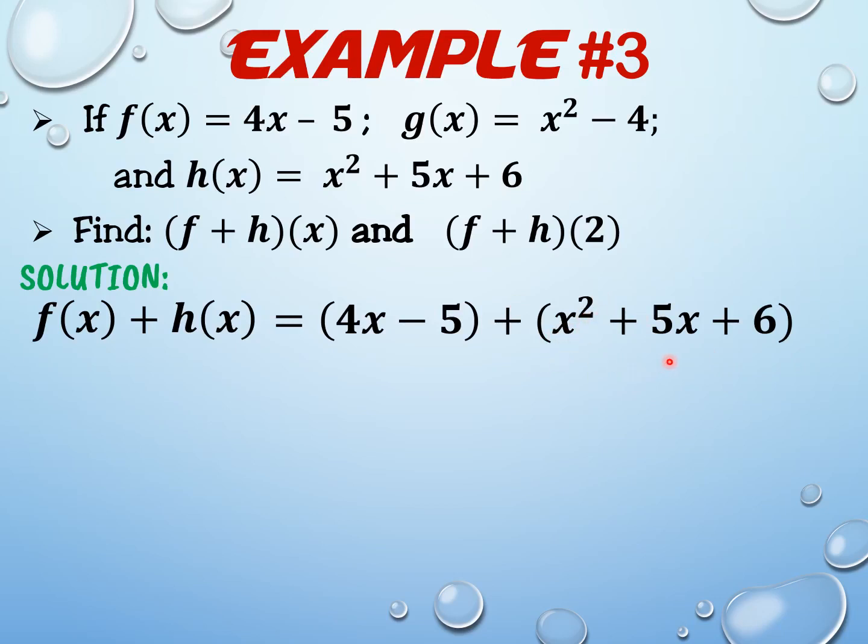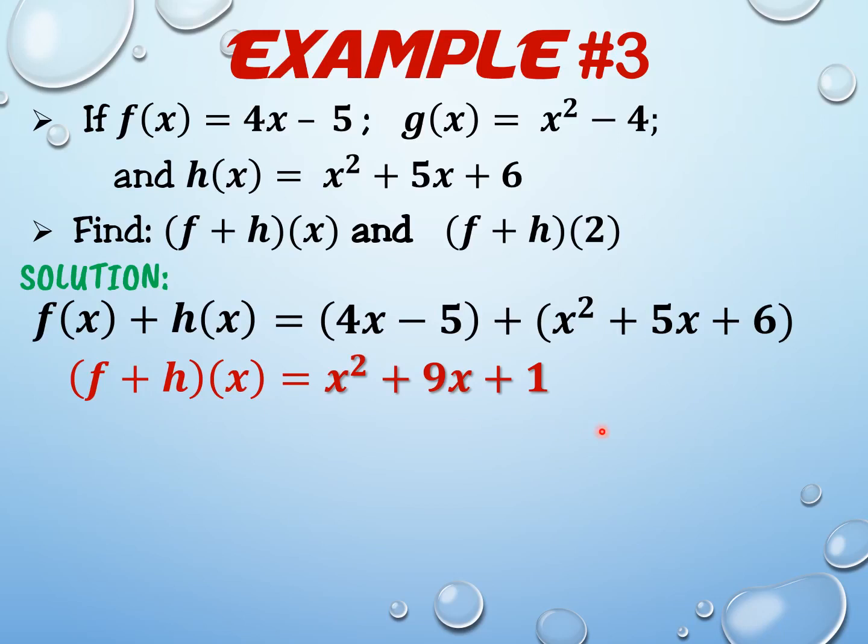And then for 5x, positive 5x plus 4x, what will be the answer? Okay, that is correct, 9x. And then for the constant, we have negative 5 and positive 6. That will give us a sum of what? Okay, that is correct, 1. So therefore, our final answer will be x squared plus 9x plus 1. Did you get it correctly?